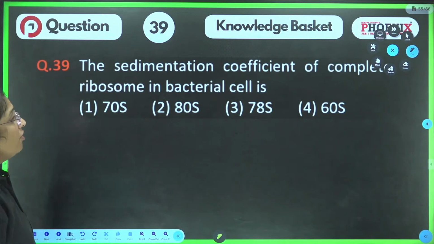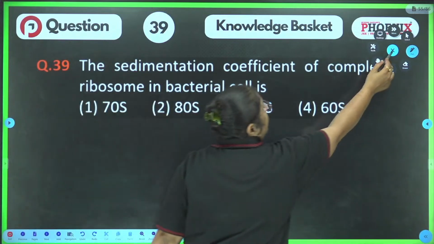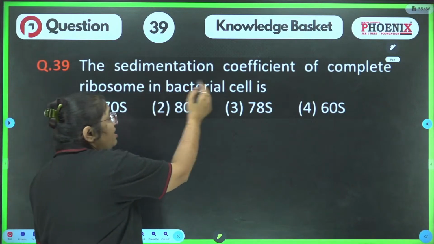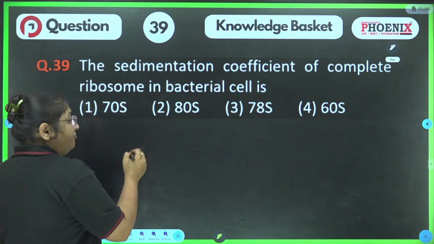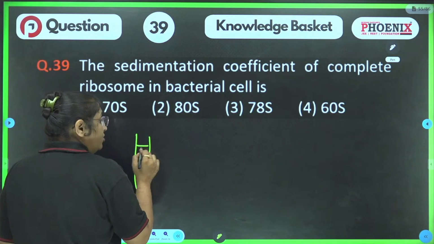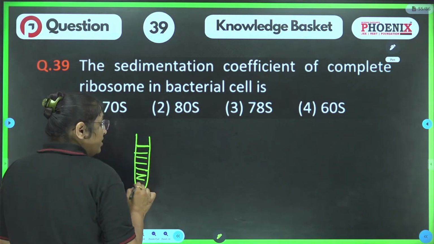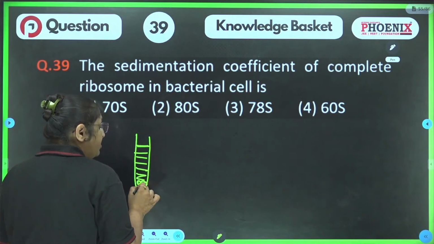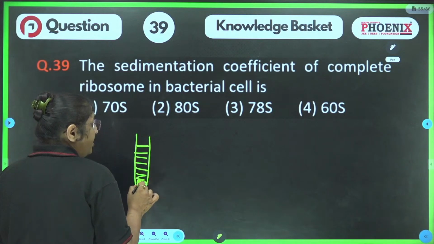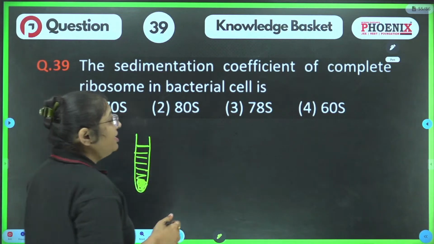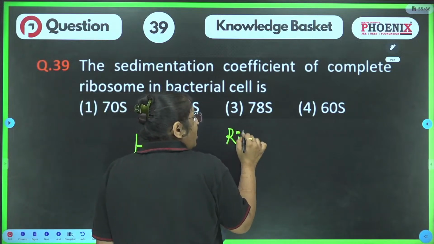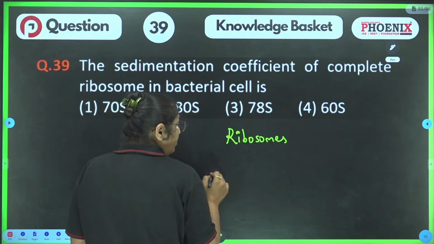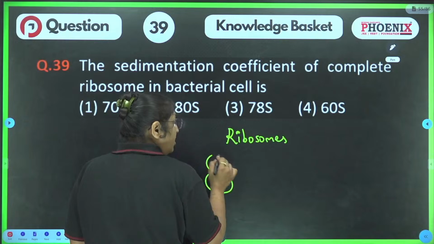The sedimentation coefficient of complete ribosomes in bacterial cell is. Now students, sedimentation coefficient means when we centrifuge something, there is a rate at which we get the sediment. If we talk about the bacterial cell, there are ribosomal units. It has two subunits, one larger and another smaller.